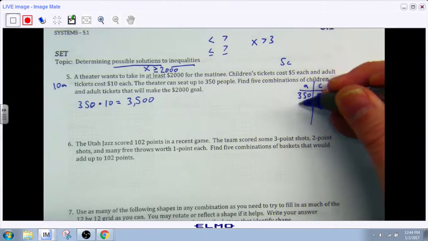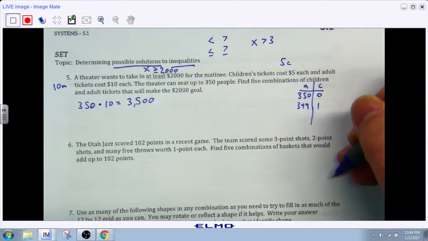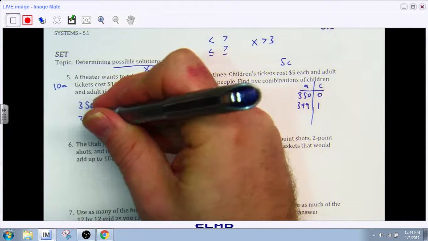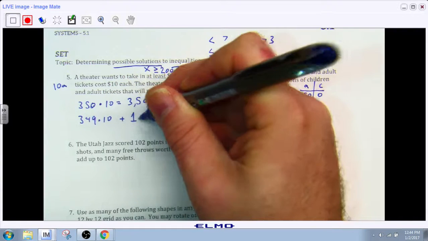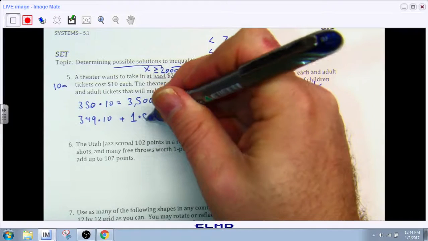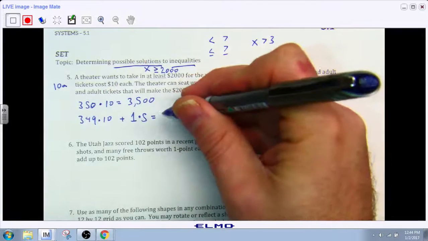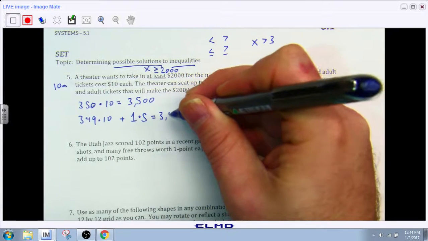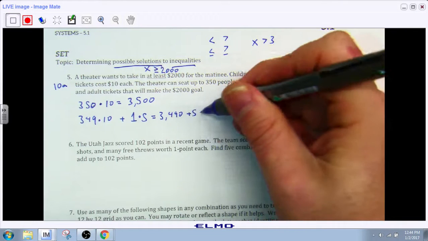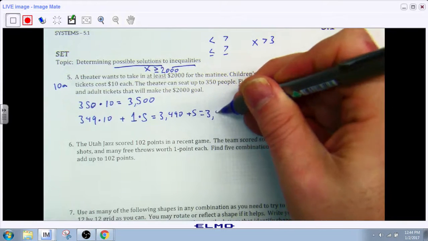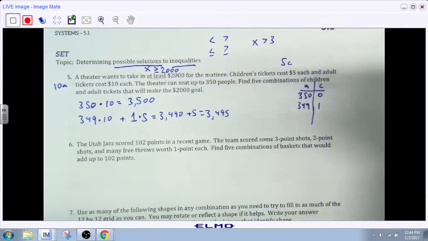Likewise, if I had maybe 349 adults and 1 child, what would that be? Well, that would be 349 times 10 plus 1 child at $5. So that would be $3,490 plus $5, which would be $3,495, which would still be greater than 2,000.